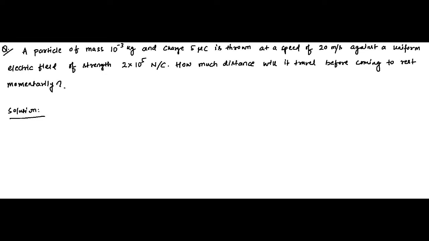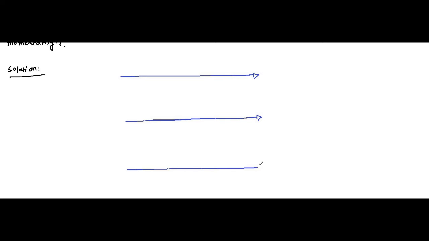Now what we understand from this question is that we have a particle of mass 10 to the minus 3 kg, and we have an electric field, let's say we consider it in the horizontal direction like this. Electric field goes from positive to negative.